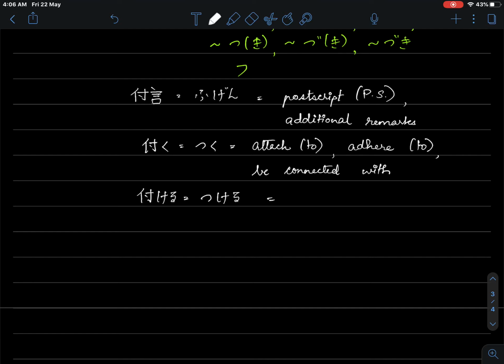Tsukeru, this means attach. Again, to attach, maybe, that's an easier way to remember the difference. To fasten, to put one thing on another.